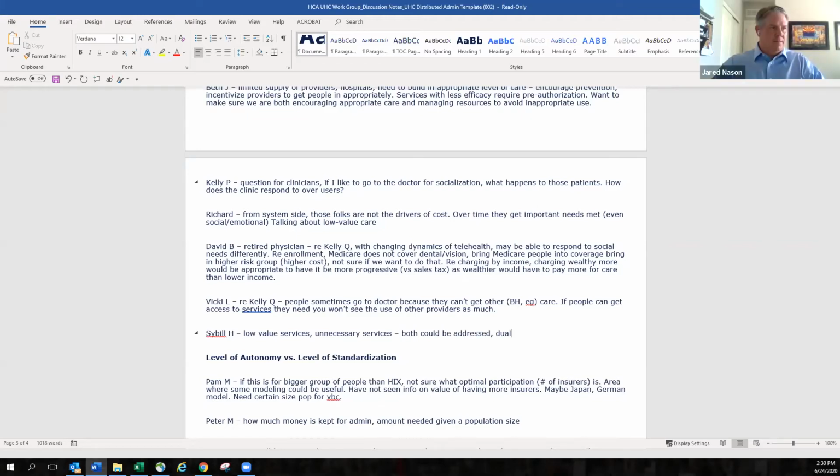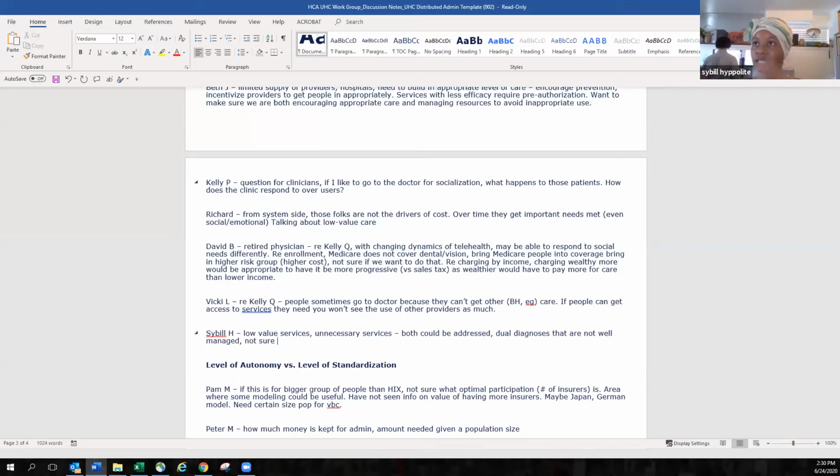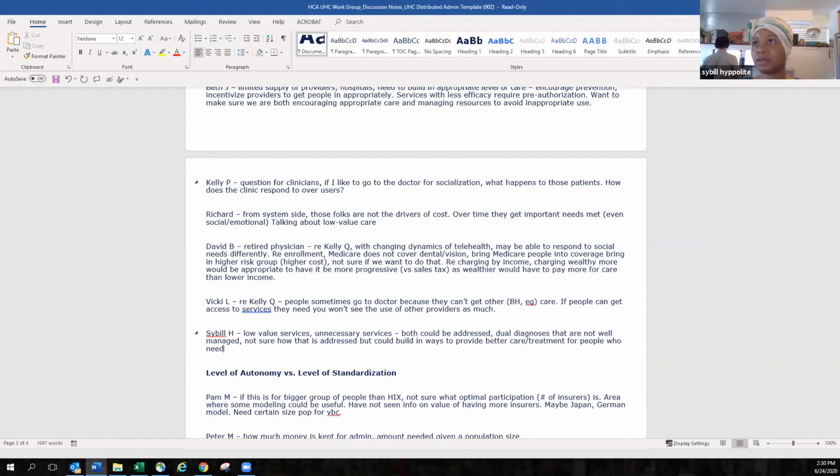I'm not sure how this would address that challenge, but I think there are lots of things that could be built in to help support better care and treatment for people who need it. So if this could tackle those three things, I think that would do a lot toward bringing costs down and under control.